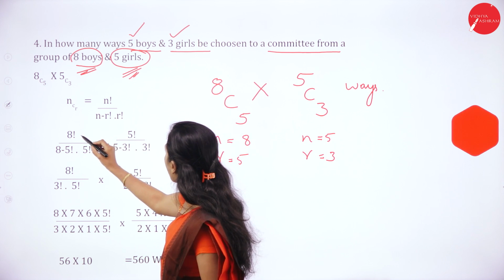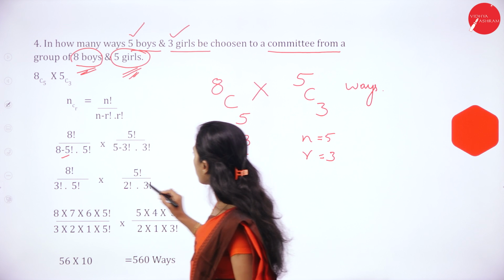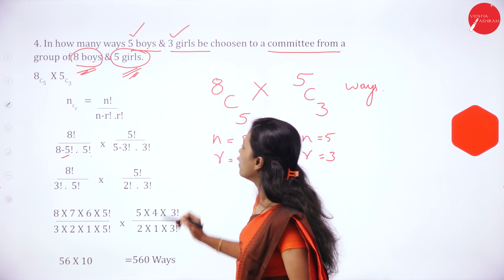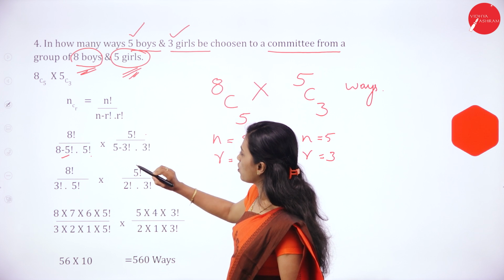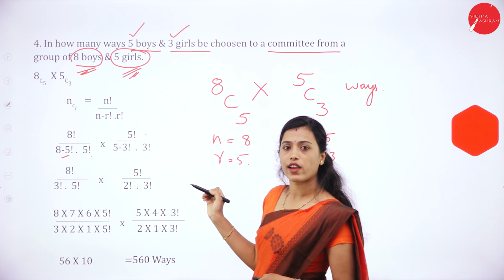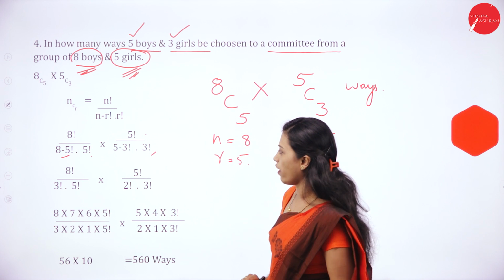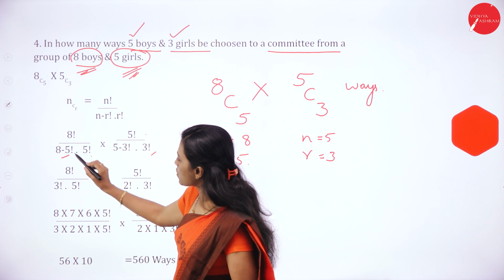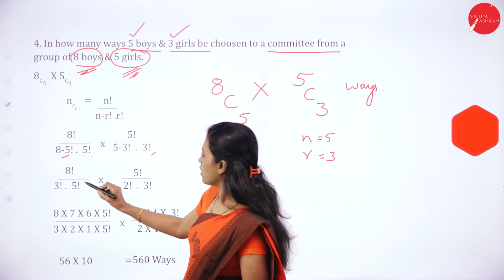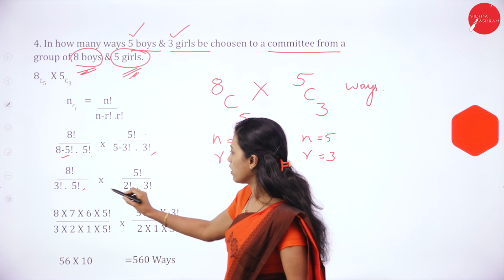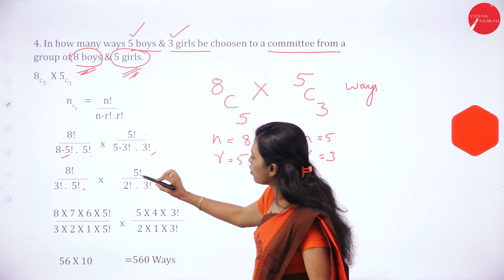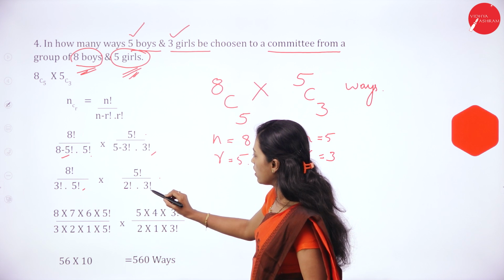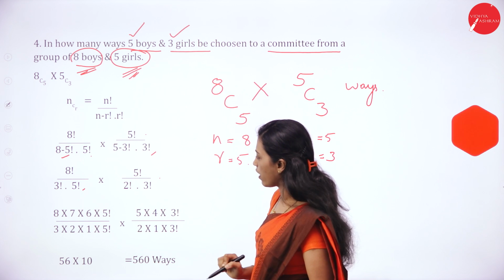So 8 factorial divided by (8 minus 5) factorial into 5 factorial, into 5 factorial divided by (5 minus 3) factorial into 3 factorial. So 8 factorial, 8 minus 5 is 3 factorial into 5 factorial, into 5 factorial divided by 5 minus 3 is 2 factorial into 3 factorial.